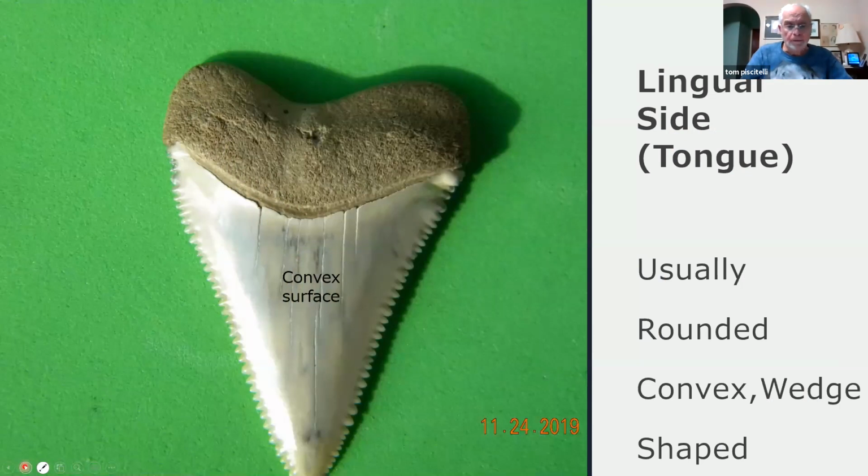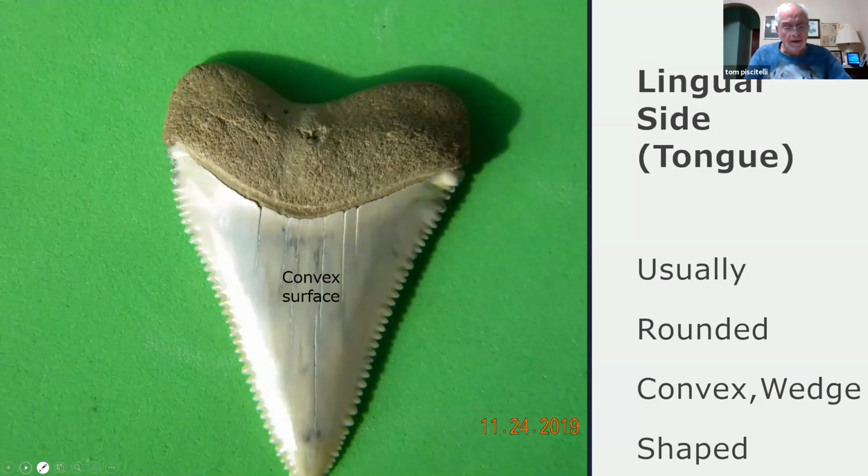I have used this tooth, again, showing the front and back side of the tooth in the past. Now, how do you know which is the tooth's front side? The side that faces you, if you are being attacked, is the front side.